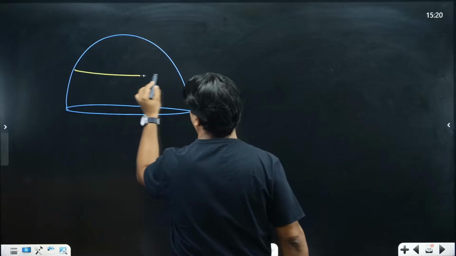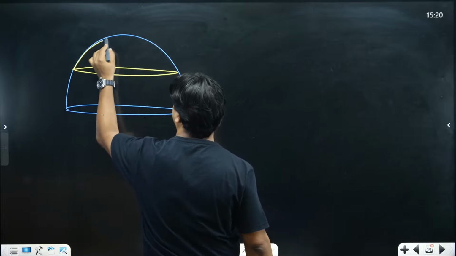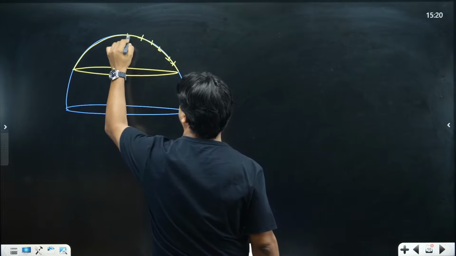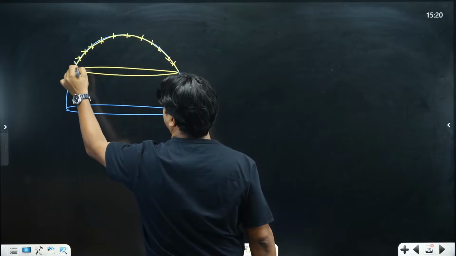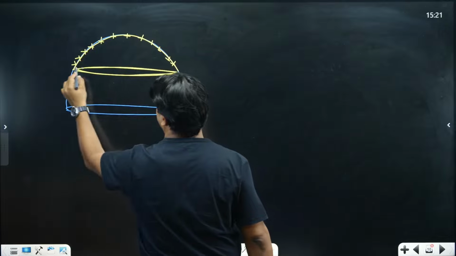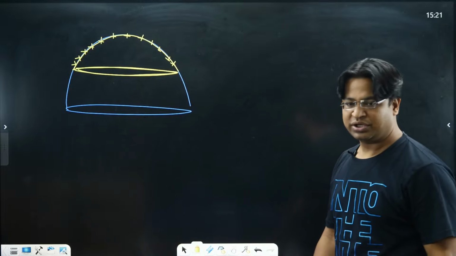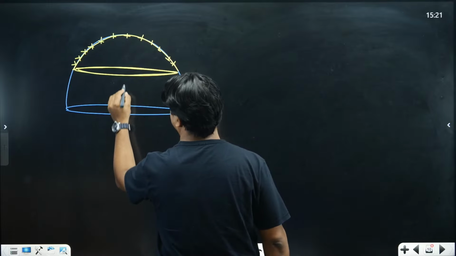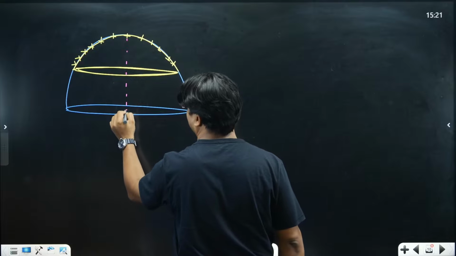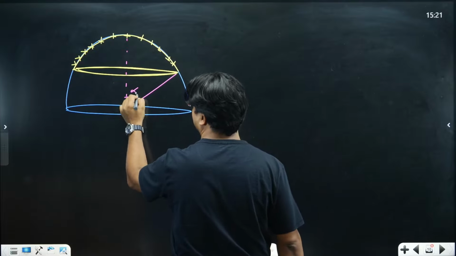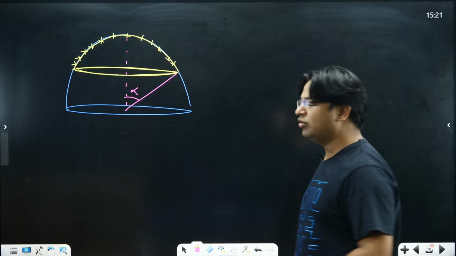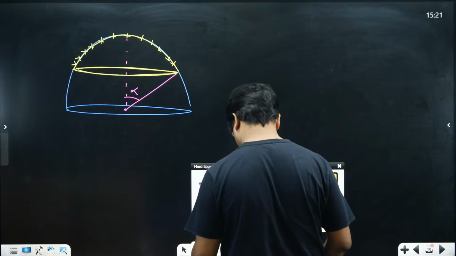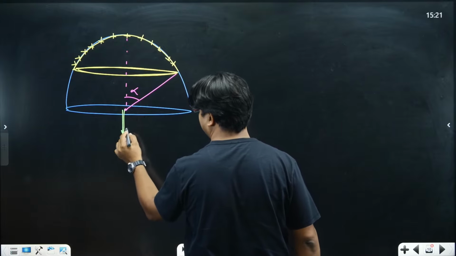For example, only this much part was charged, but this portion wasn't charged. And we have been told that this angle is alpha. Now we want to know what will be the electric field at the center.